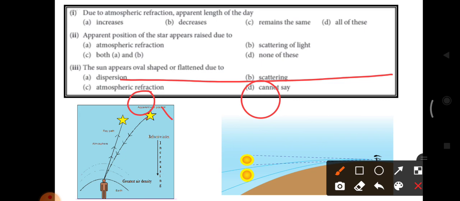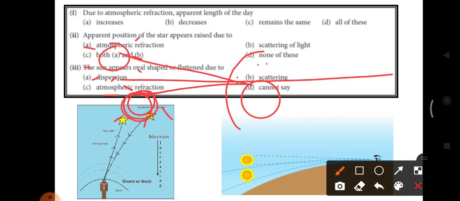When the sun is below the horizon, it undergoes refraction. Actually, the sun is below the horizon. Due to that refraction, the sun appears above the horizon. So we can see the sun 2 minutes before actual sunrise. The same thing happens during the sunset also.